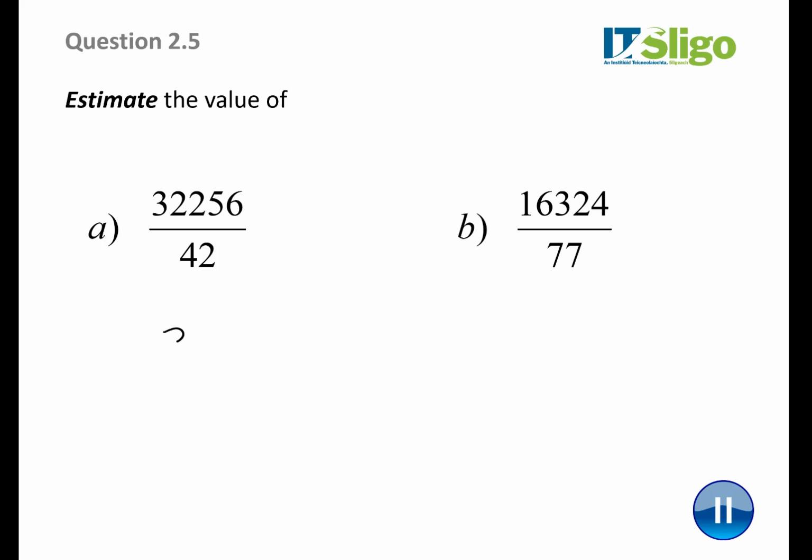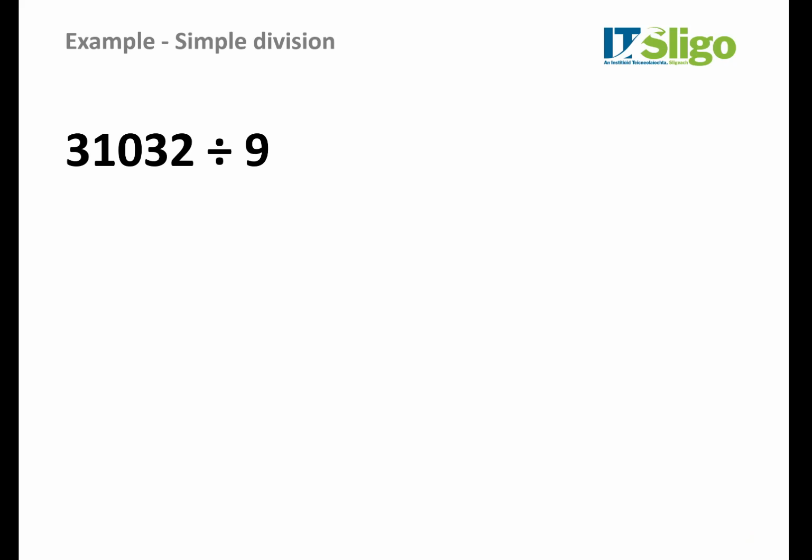So I'd be kind of thinking 32,040, because I know 4 will go easily enough into 32, goes in 8 times. So I'll let you guys practice them. We'll push on and we look at simple division.